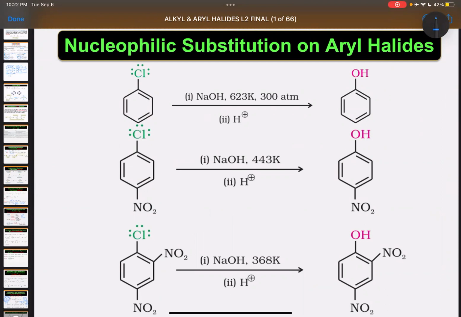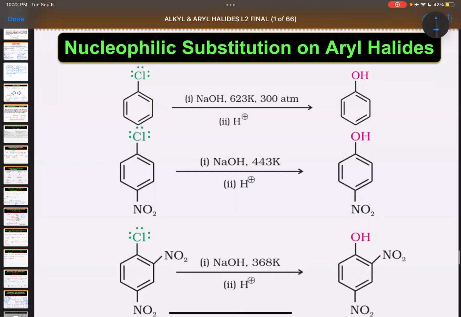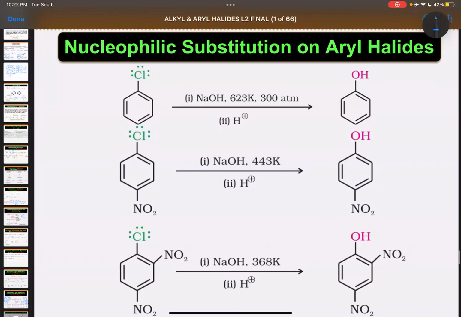Now here, if I ask you what the mechanism is, you already know, and you told me also, that substitution on benzene or aromatic halide is going to be very difficult because of the double bond character. Right? Yes, sir. So how does the reaction happen?